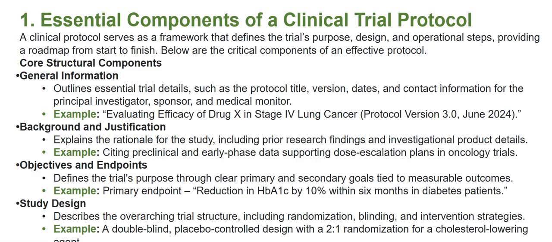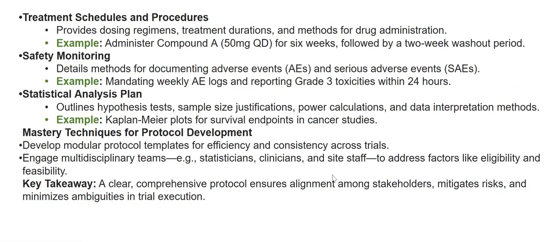Participant selection includes inclusion and exclusion criteria, the eligibility criteria that will be listed in the protocol, recruitment strategies, and plans for withdrawal or follow-up. All that will be mentioned in a study trial protocol. Example, excluding individuals with pre-existing kidney conditions for neurotoxic drug trials.